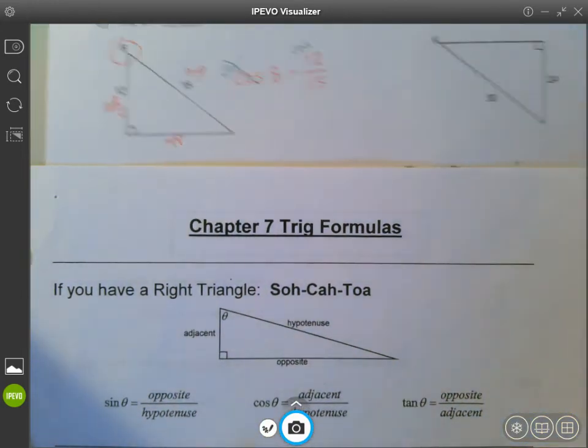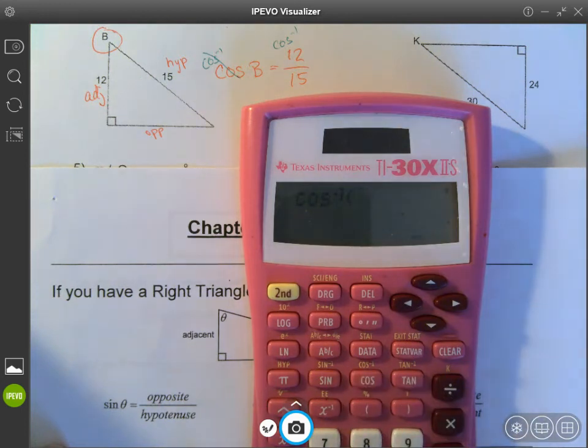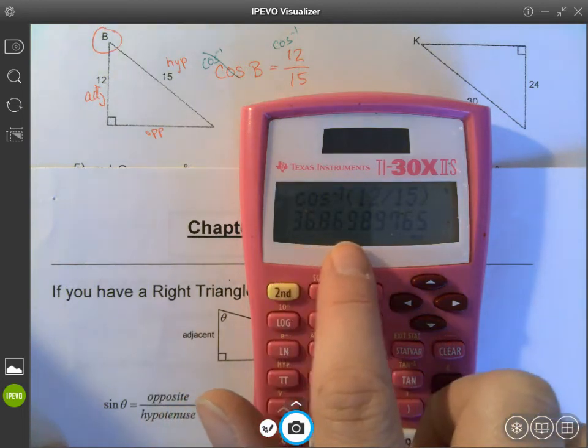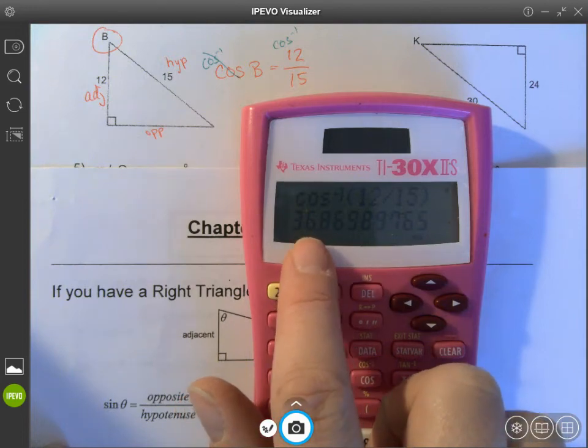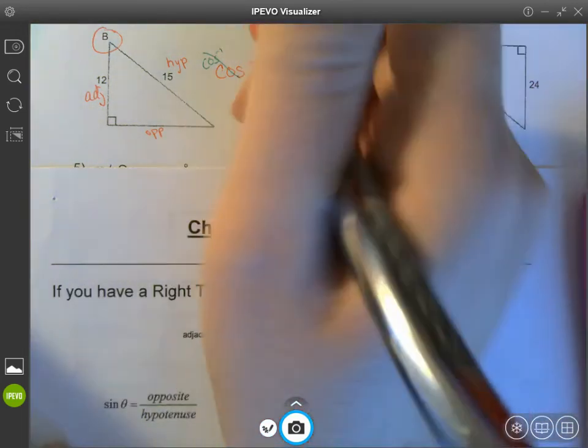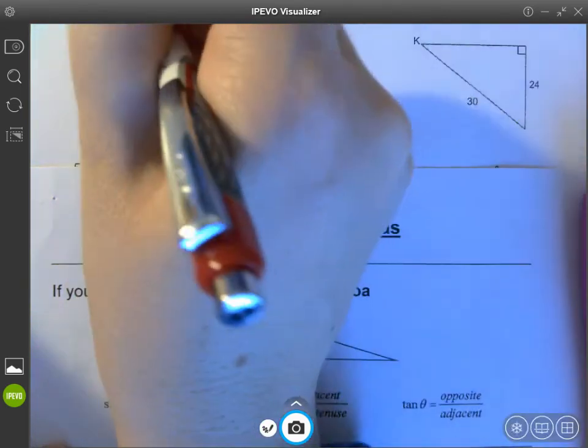So go ahead and type that in the calculator. Second inverse of 12 over 15. And I get 36.869. It keeps going, so 37. Nearest whole degree is what it says. So 37 degrees.